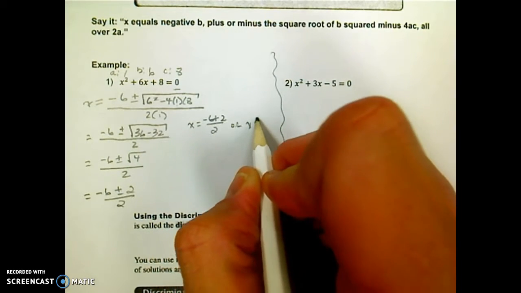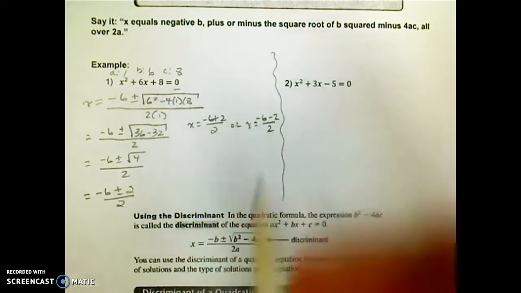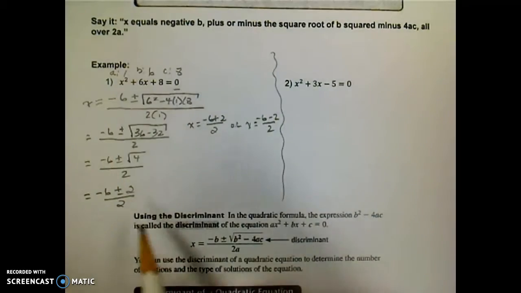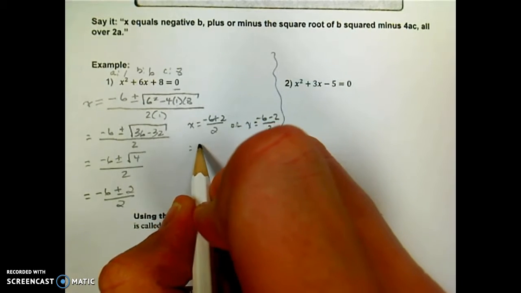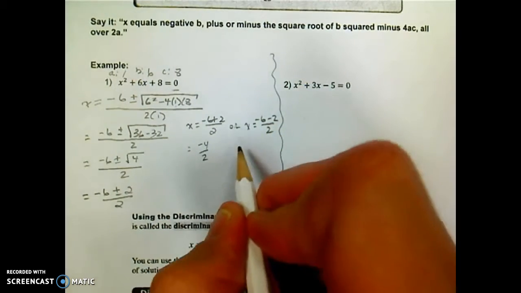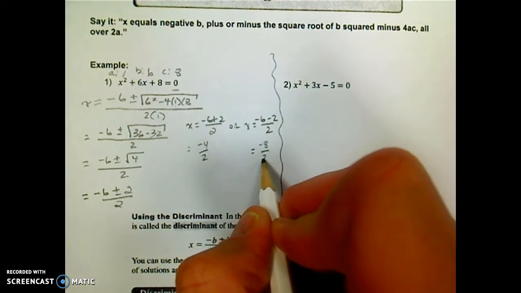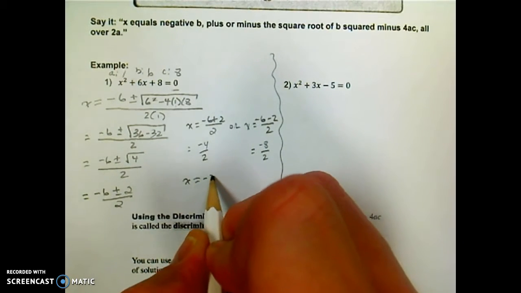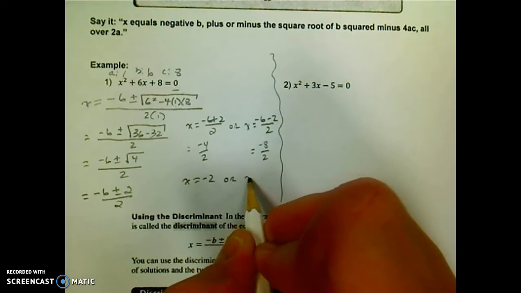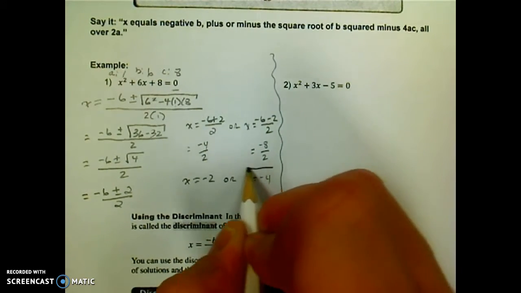And we'll write x equals negative 6 minus 2 over 2. Now we'll take this one quadratic split into two separate equations. So negative 6 plus 2, that's negative 4 over 2. Negative 6 minus 2, that's negative 8 over 2. So x equals negative 2 or x equals negative 4.